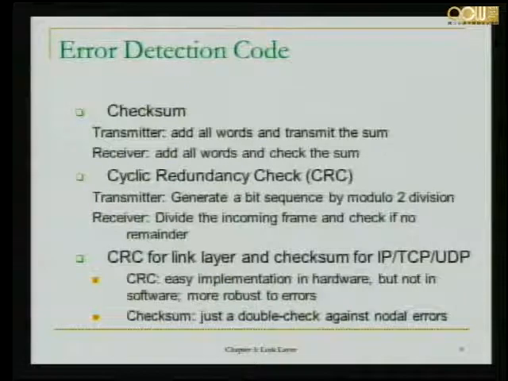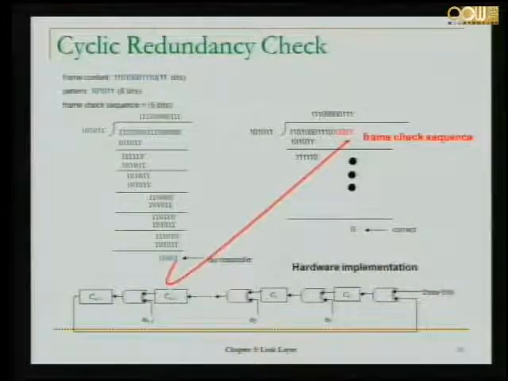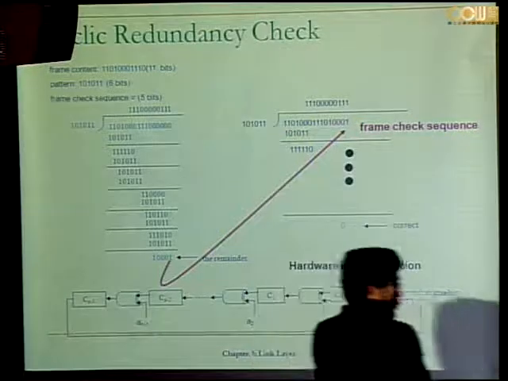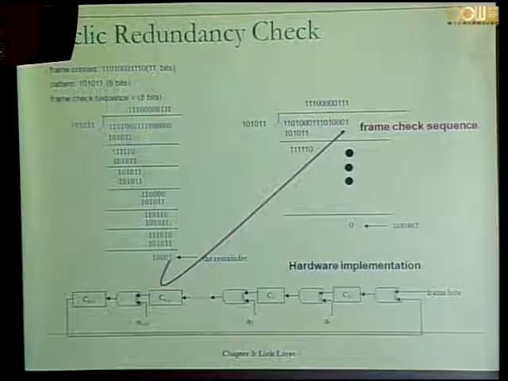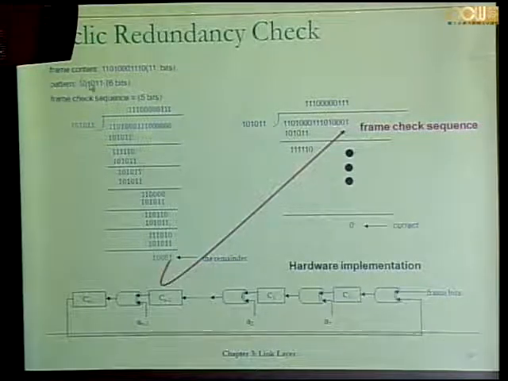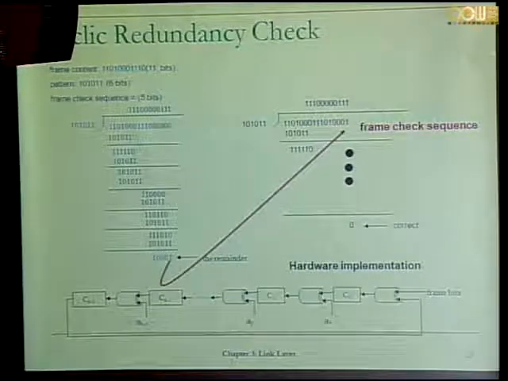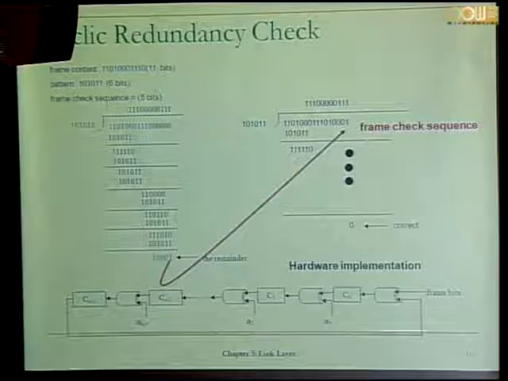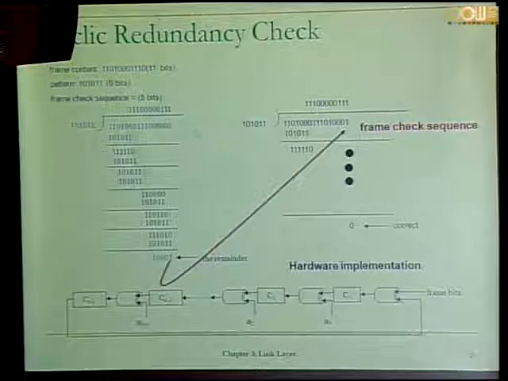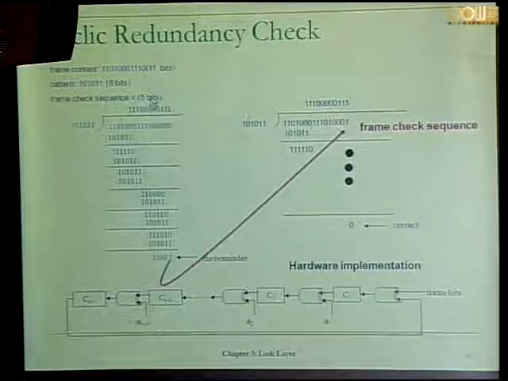So let's take a look at the example here. That's CRC. If you want to transmit the 11-bit data here, and you use a 6-bit pattern, you would generate a frame check sequence, FCS, which is 5-bit.